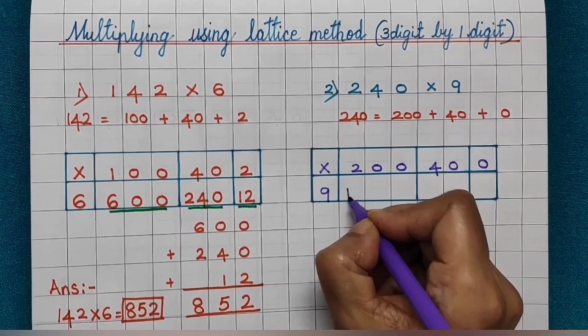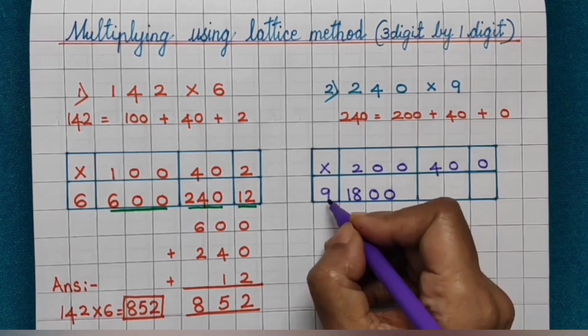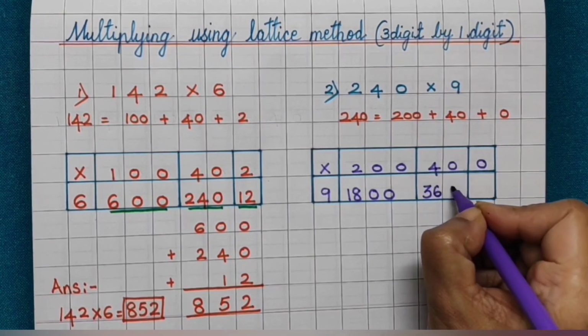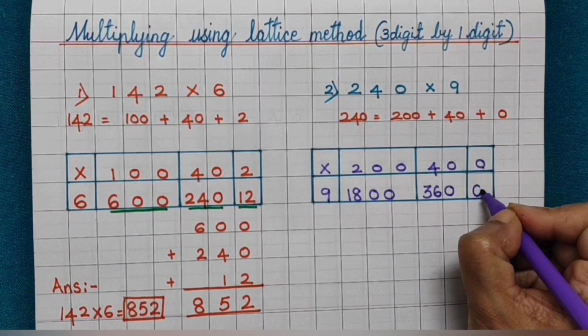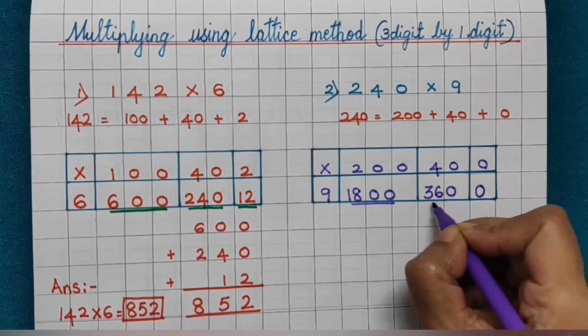9 twos is 18, 2 zeros. 9 fours are 36, add 1 zero. 9 zeros are 0. Now we add all these three numbers.